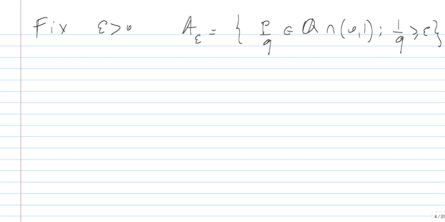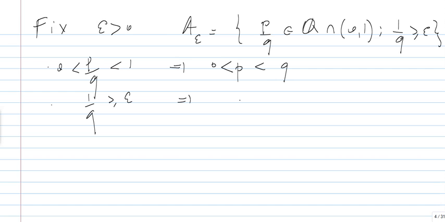First of all, what happened to p over q between 0 and 1? This tells us that p is between q and 0. Good. Next, what does that mean? 1 over q is greater than epsilon. This tells us that q is less than or equal to 1 over epsilon.